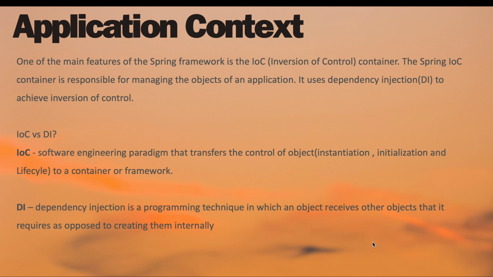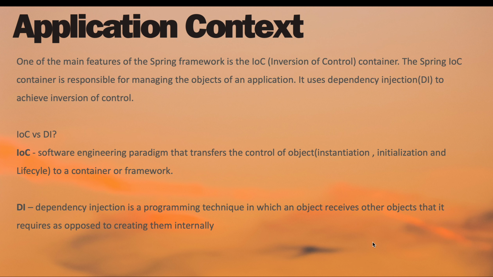It uses dependency injection to achieve inversion of control. I have noticed that some developers confuse dependency injection with inversion of control. These two are different. How are they different?